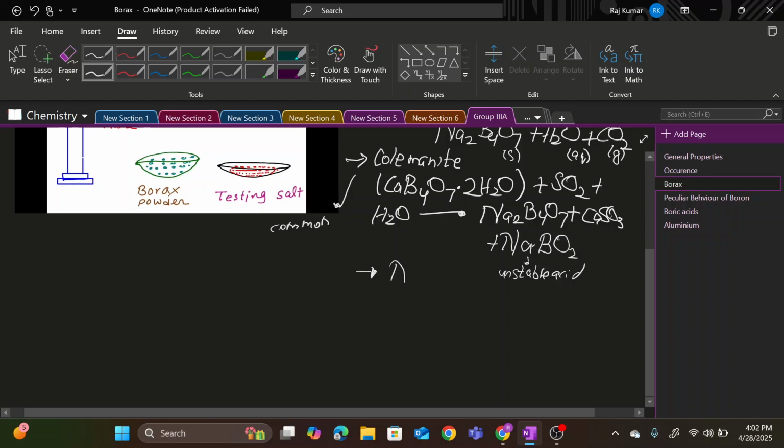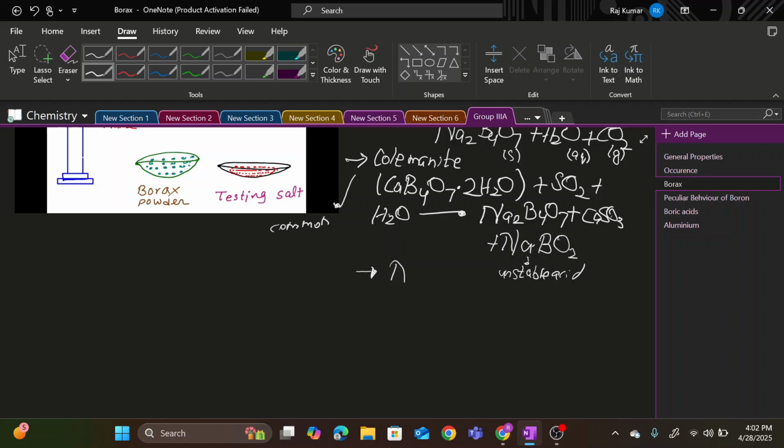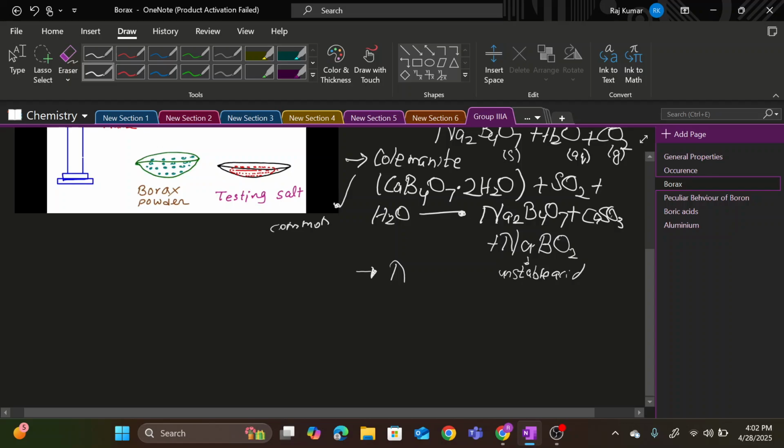Now, in order to obtain more borax out of this reaction, what we actually do is we pass carbon dioxide gas over sodium metaborate, due to which it gives us more borax.